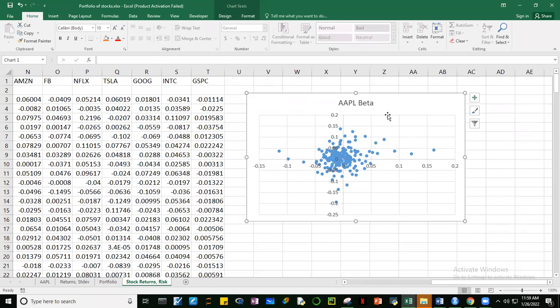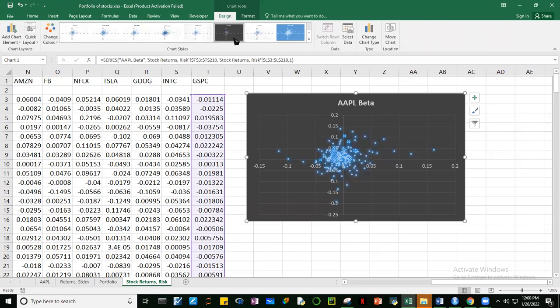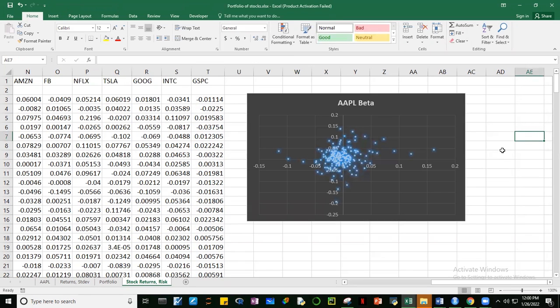Okay. Here we can see the plot. Ito yung AAPL beta natin. So ito yung plot ng returns ni S&P 500 sa x-axis and then vis-a-vis the returns of Apple sa y-axis. Again, baguhin nga natin design and make it into this one.